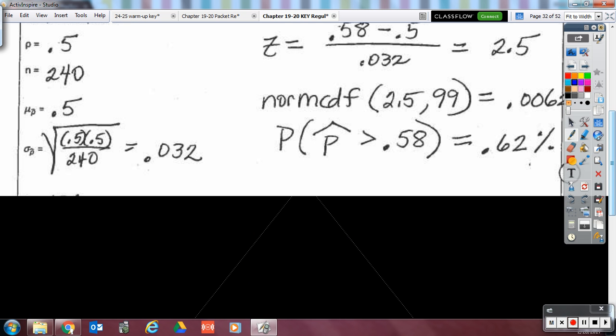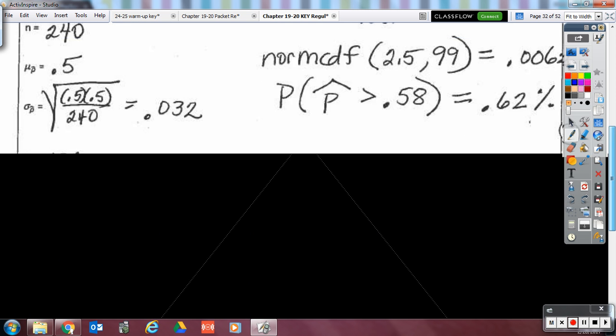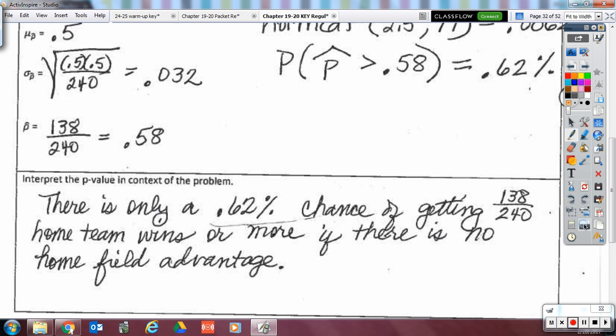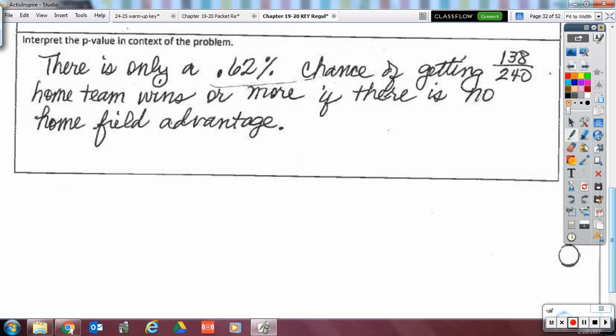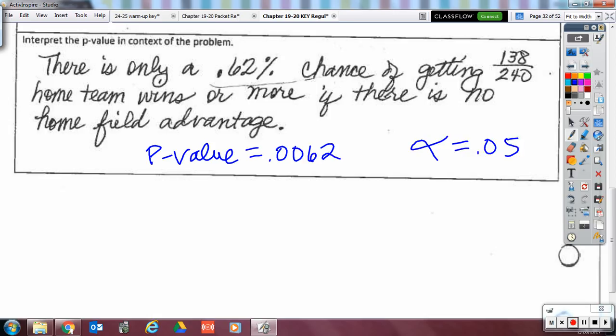So we get a p-value of 0.0062. That's a 0.62% chance of getting that sample or more wins if there is no home field advantage. So my p-value equals 0.0062. How does that compare to alpha of 0.05?